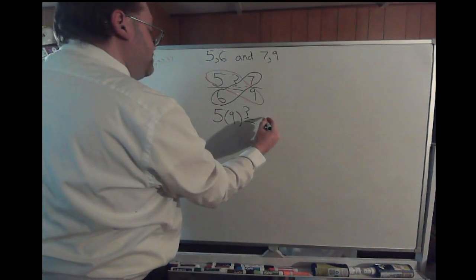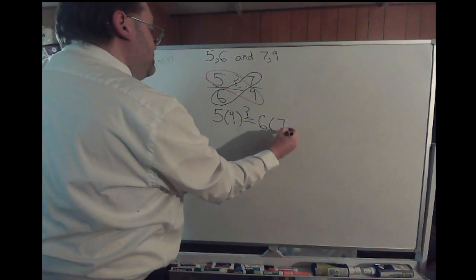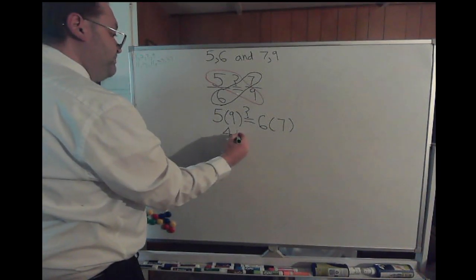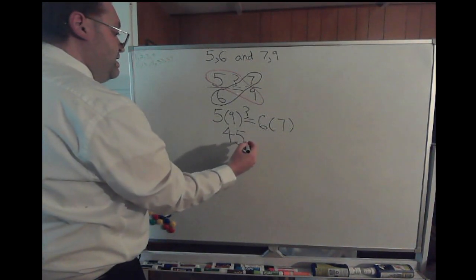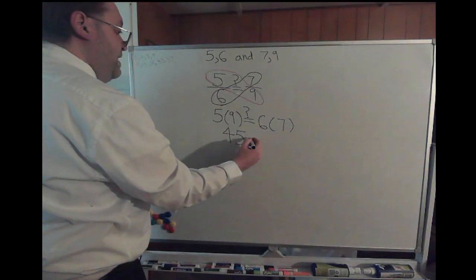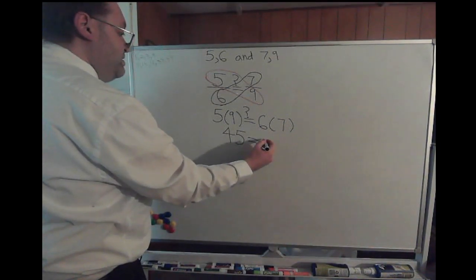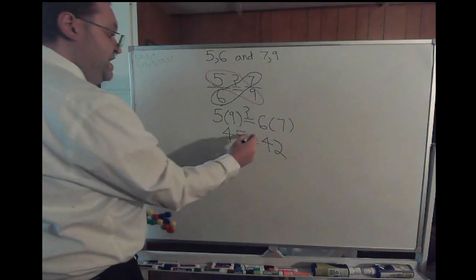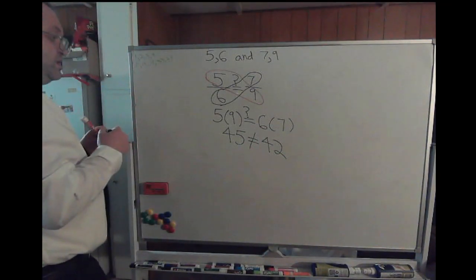Is that equal to 6 times 7? Well, 5 times 9 is 45. And then you have 6 times 7, which is 42. We can clearly tell 45 does not equal 42.